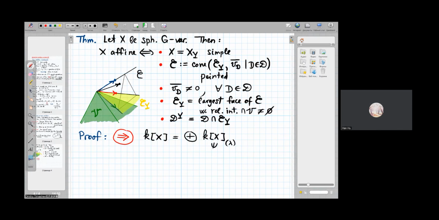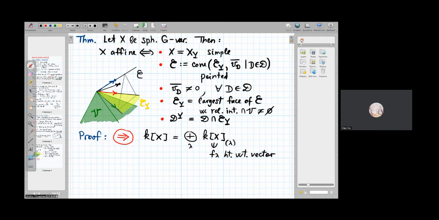Let me denote by f_λ, as usual, the highest weight vector in this irreducible G-submodule in k[X] of highest weight λ. It is a B-semi-invariant function on X with eigenweight λ.